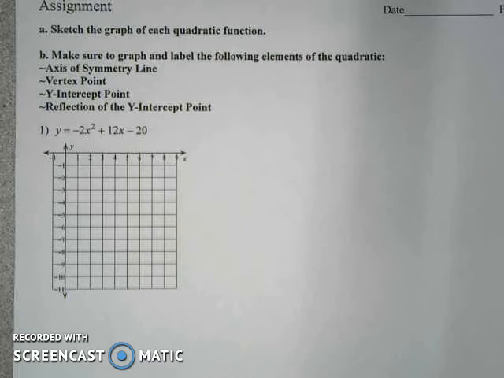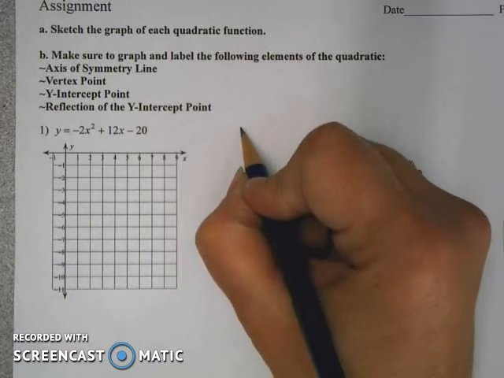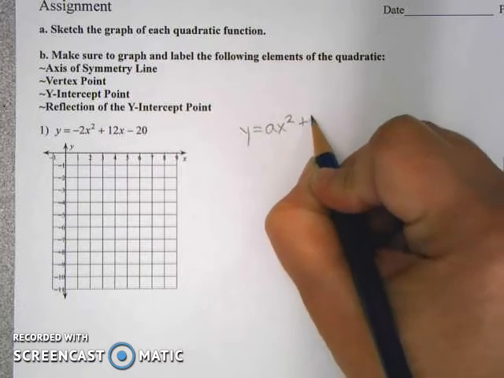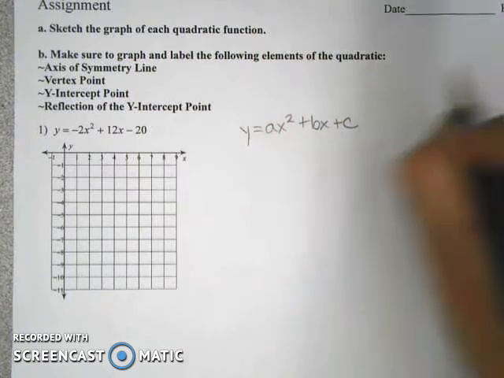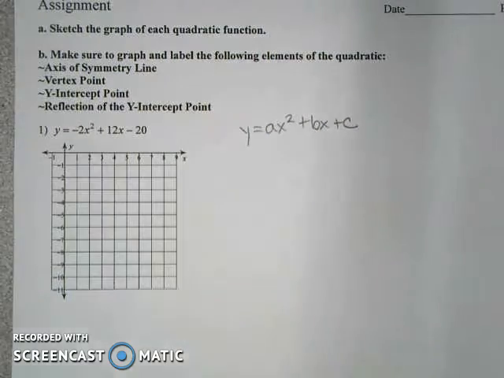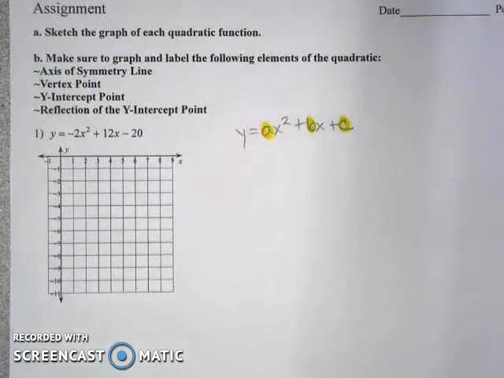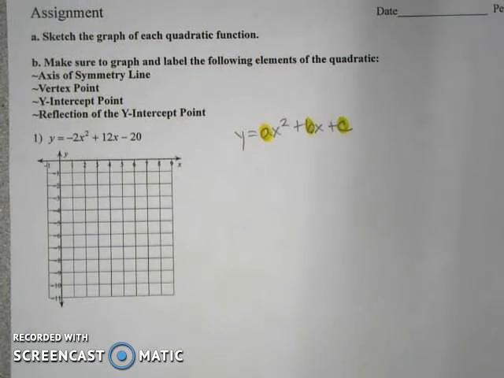So let's get started. Standard form looks like this generally. It's y equals ax squared plus bx plus c. The thing we want to keep in mind when we're looking at these is that the values of a, b, and c are actually coefficients and a constant.